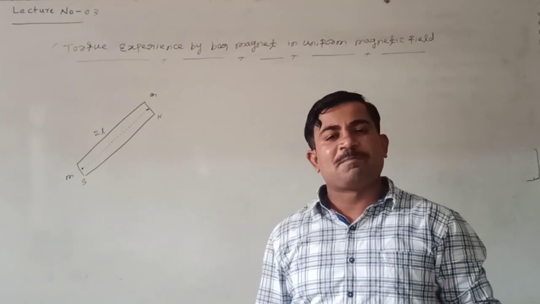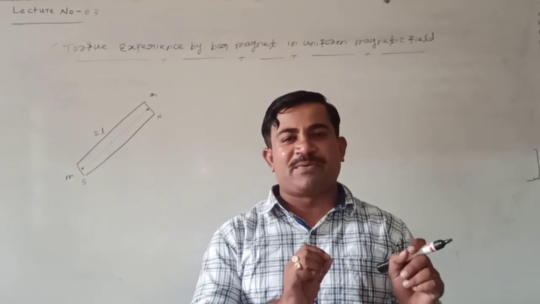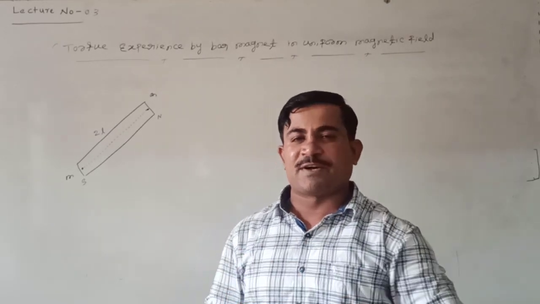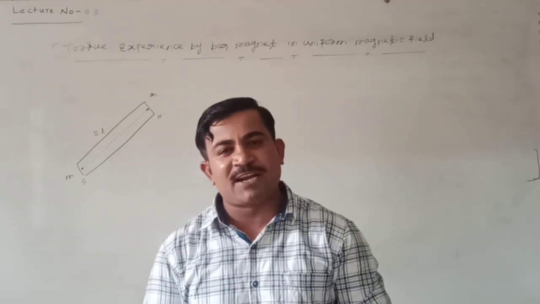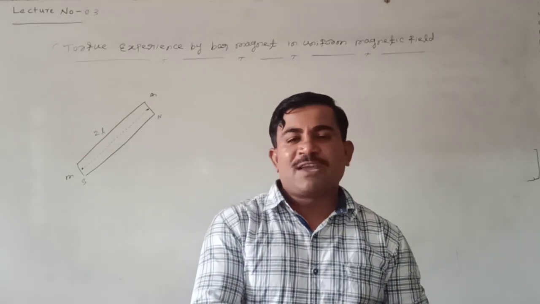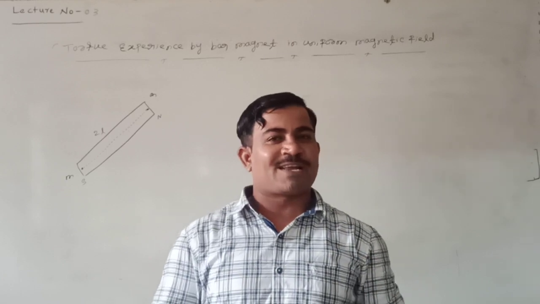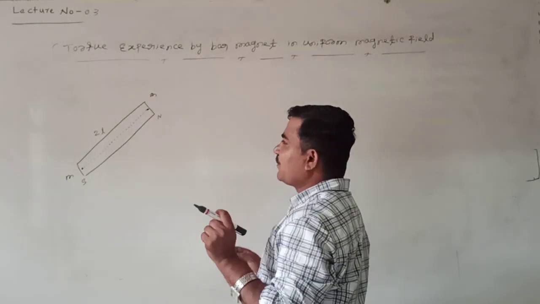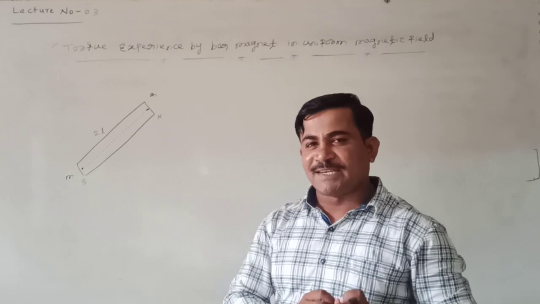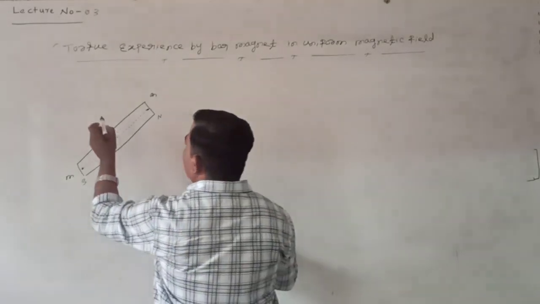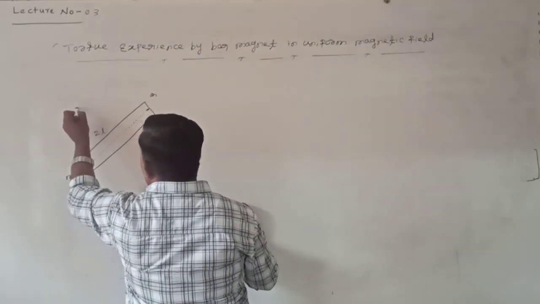Now, when this bar magnet is placed in a uniform magnetic field, let us take a uniform magnetic field. In the previous class, we have already seen that a magnetic field whose magnitude and direction are the same at every point is called a uniform magnetic field, right? A uniform magnetic field can be represented as a set of parallel lines. So let us take these as uniform magnetic field lines.